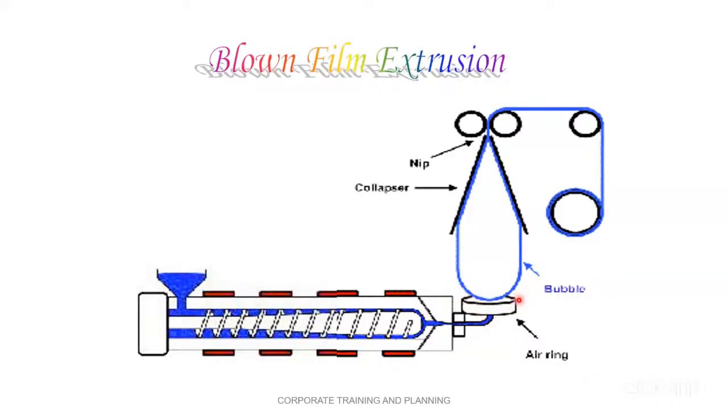There are a number of holes around the circumference of this air ring, and through that, compressed air from the blower will pass outside of the bubble, and therefore the bubble easily cools, right? There are many provisions, a number of processes for the cooling of the bubble. Even inside, the mandrel is there many times, and the bubble gets cooled. Cooling is very important here, friend.